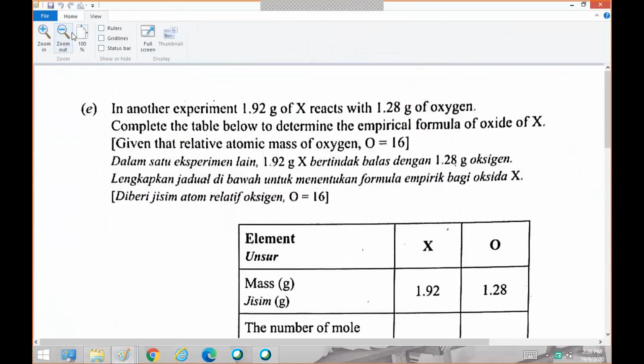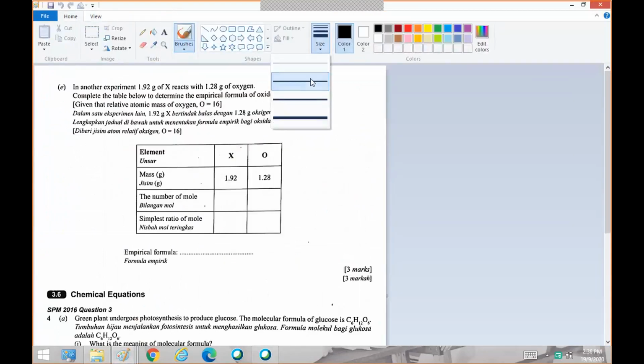You guys still remember this empirical formula thingy, right? Complete the table below to determine the empirical formula of oxide of X. Given that the relative atomic mass of oxygen is 16. This is a completely new question. They are still using X, but it has nothing to do with the chlorine one.